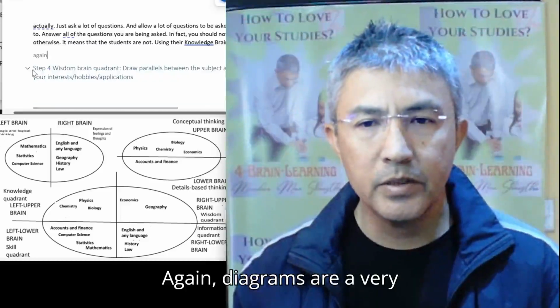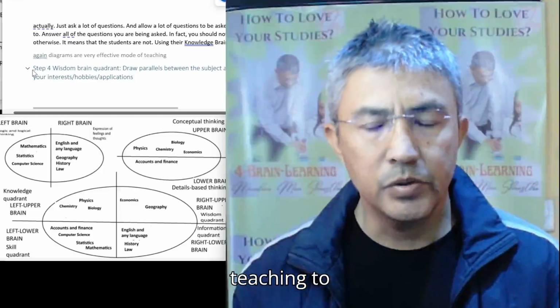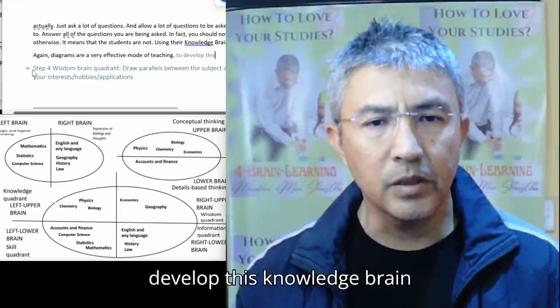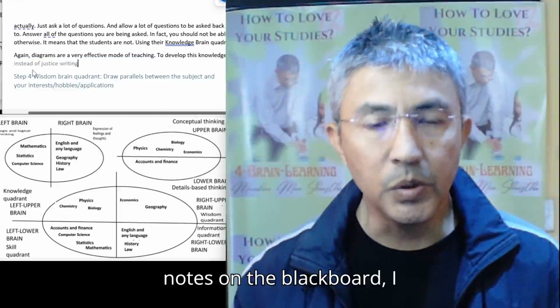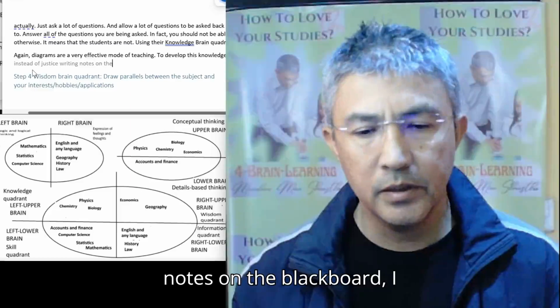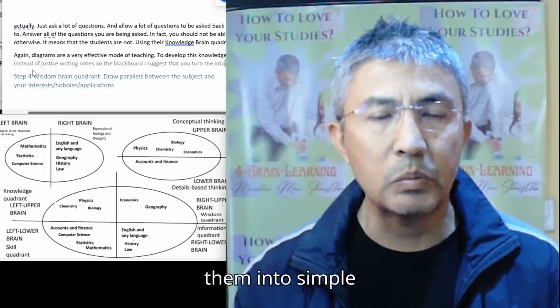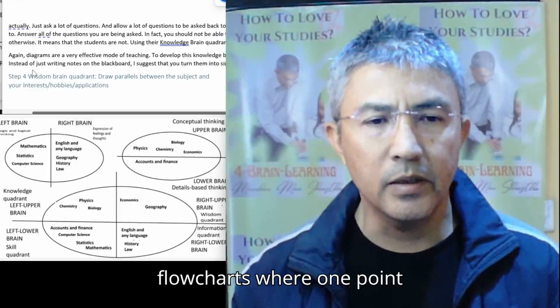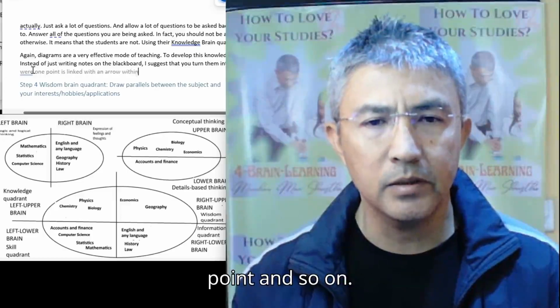Again, diagrams are a very effective mode of teaching to develop this knowledge brain quadrant. Instead of just writing notes on the blackboard, I suggest that you turn them into simple flowcharts where one point is linked with an arrow with another point, and so on.